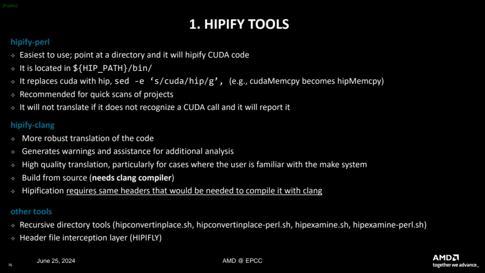As you can imagine, this is not the most accurate, but it's a good way to have a quick scan of your project. Something more elaborate is HIPify Clang, which also gives you some error messages and warnings, and it's more robust. But to use it, you need the Clang compiler, and you also need to specify those includes that you would specify when you actually use Clang.